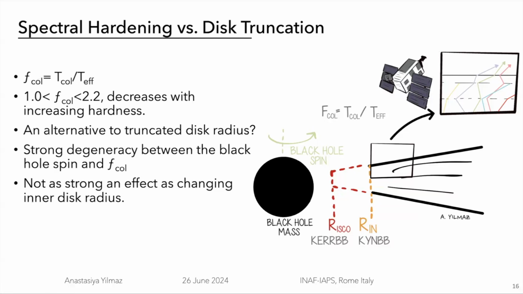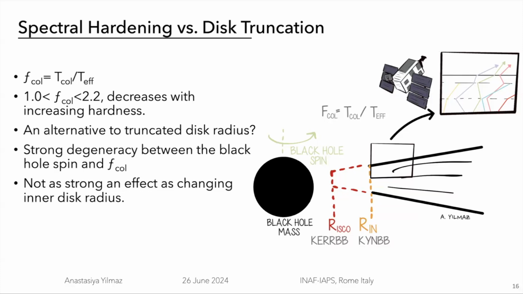And unless you have very nice self-consistent modeling of the accretion disk atmosphere, this is very hard to constrain. But this is actually a free parameter you can use in KERRBB and KYNBB. And when you look at the evolution of this parameter with the evolution of accretion states, there's a very nice correlation, and it's very consistent with the theoretical models. But it's unfortunately not that easy to have a good estimate.